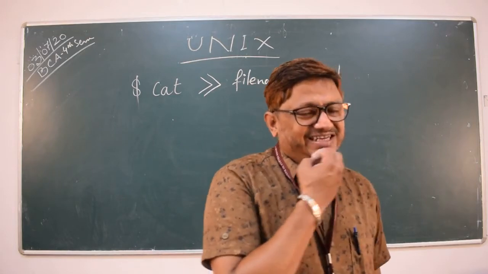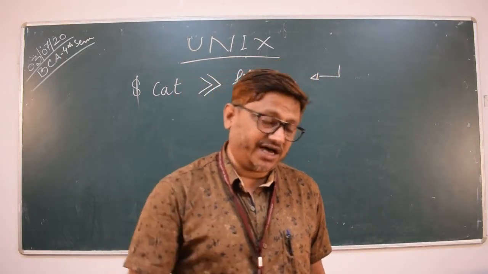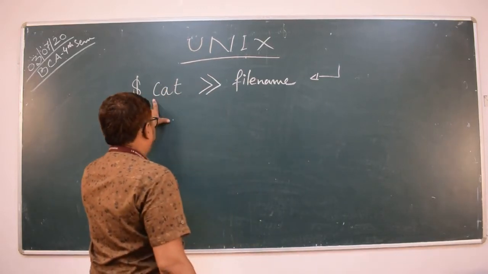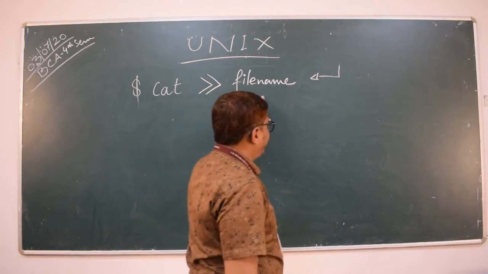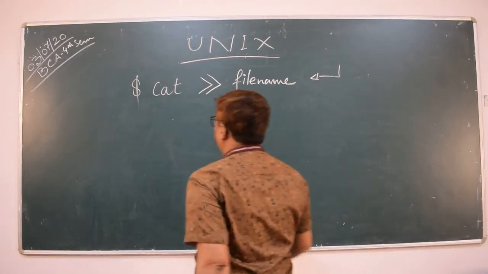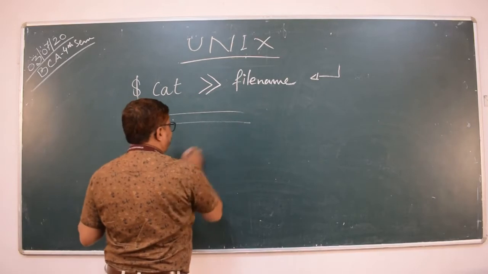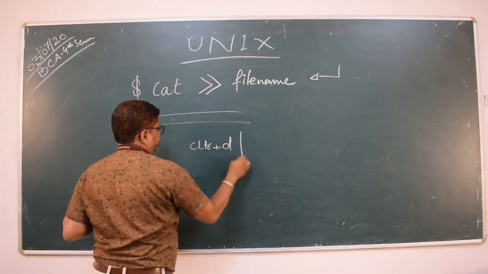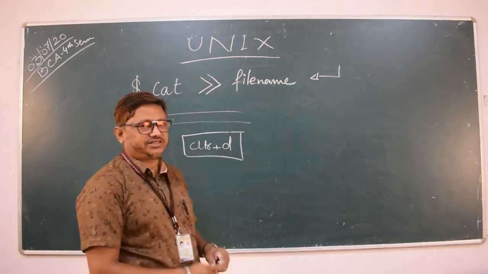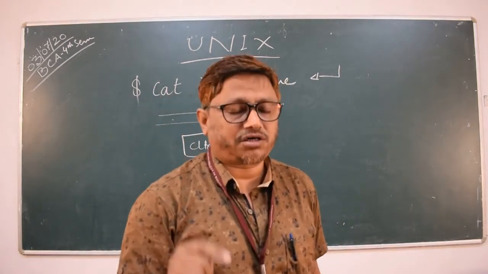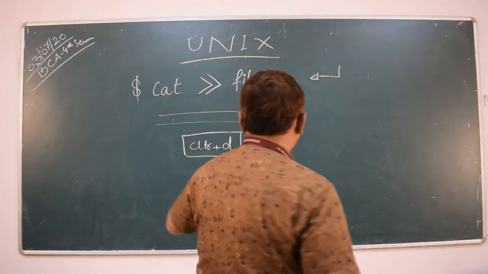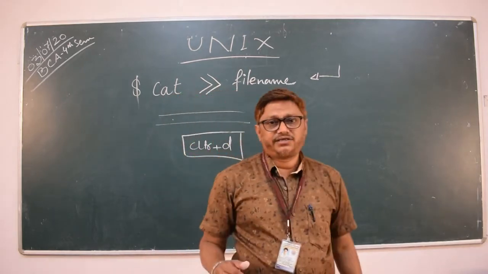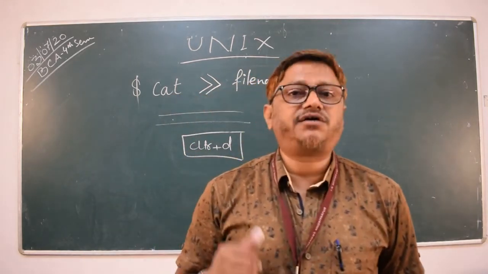To add anything to a file after the last line, we use cat, double greater than, file name, enter, and then type something, and at the end press Ctrl D. This line will be added at the bottom of the file. This double greater than symbol is used to add a line after creating a file.